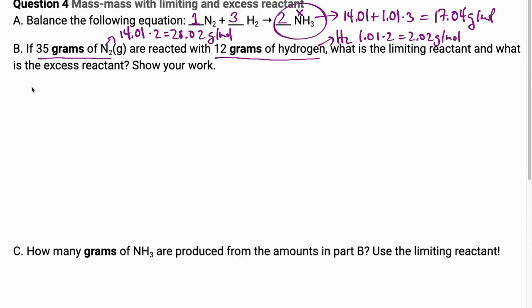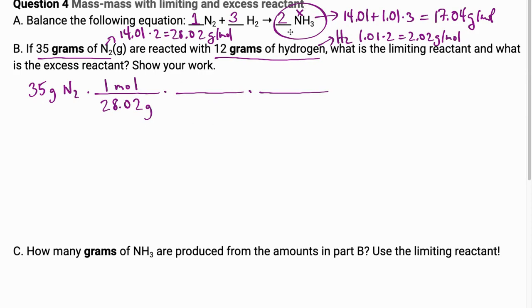Let me first start off with the N2. So 35 grams of N2. I'm going to figure out the amount of NH3 I can make with 35 grams of N2. I'll set up my conversion here. First, grams of N2 we need to change to moles of N2 using the molar mass of N2, which is 28.02 grams. Next step, the mole ratio.